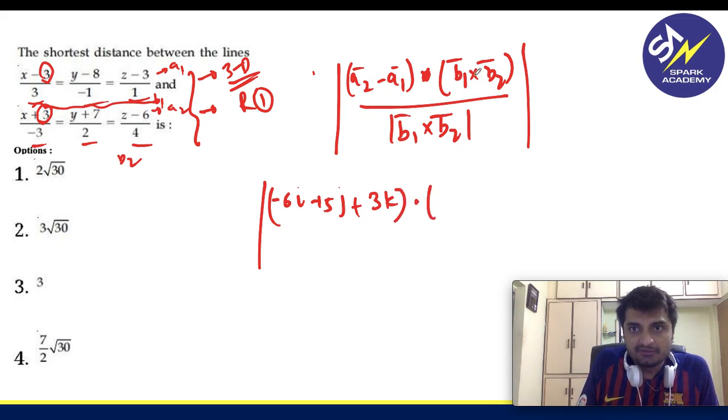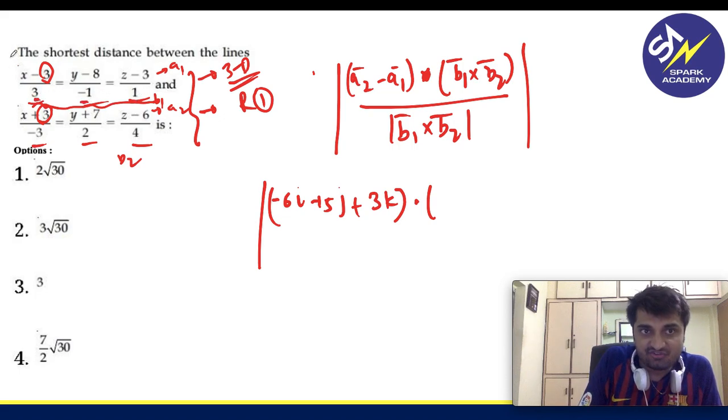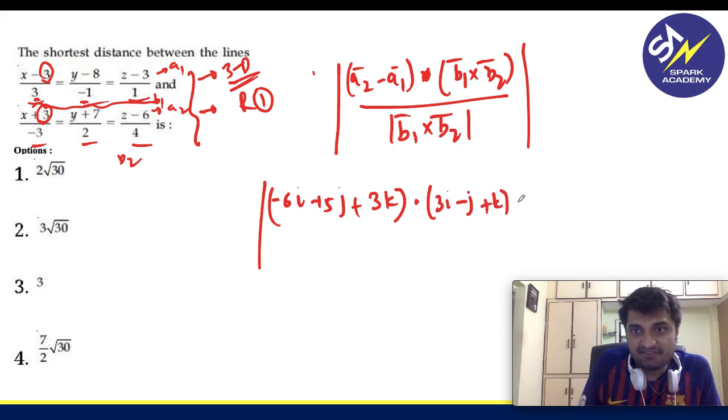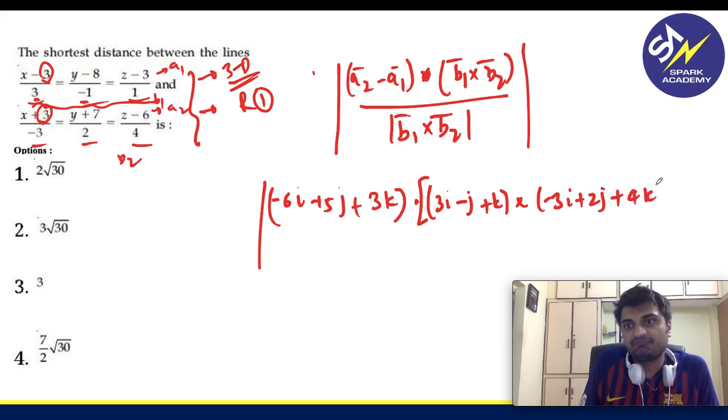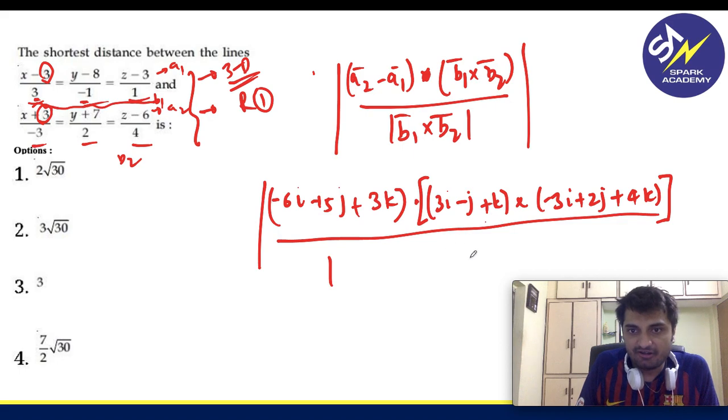Dot B1 cross B2. What is B1 cross B2? What are the DRs of this? If I draw a line of DRs, what will I get? This is 3i minus j plus k cross, in a bracket, minus 3i plus 2j plus 4k, whole divided by mod of whatever you find out here.